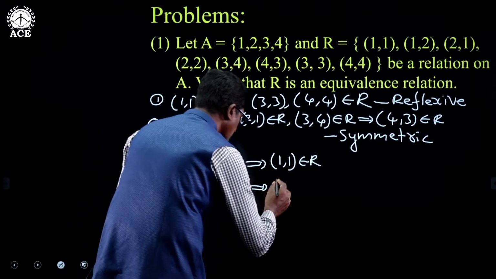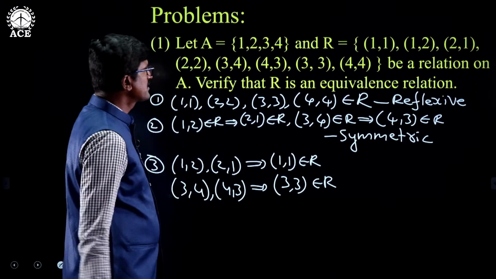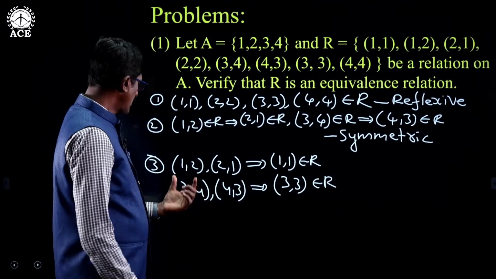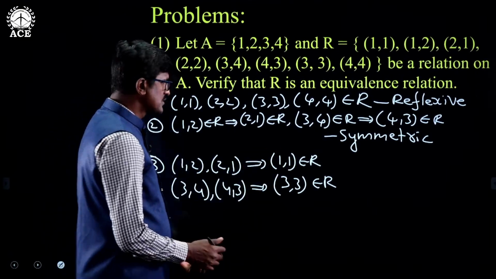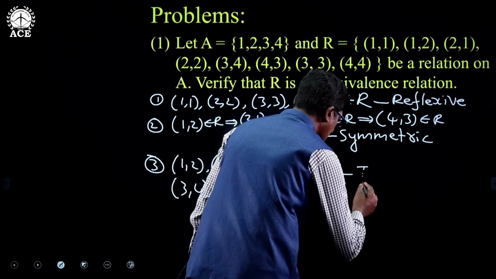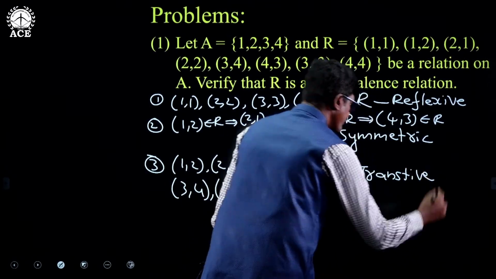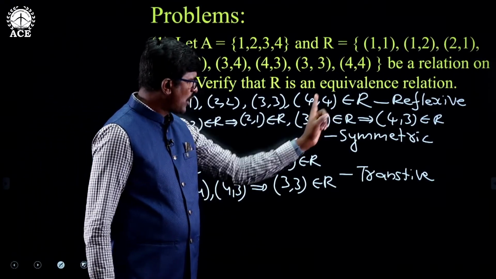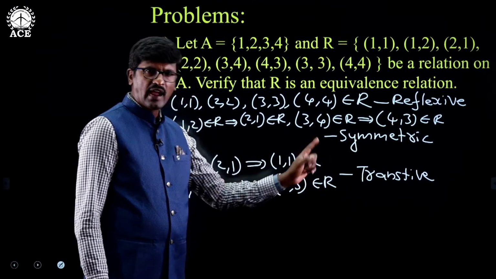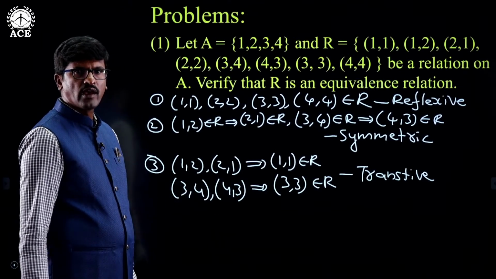This implies (3,3) also belongs to R. That means for every ordered pair (A,B) and (B,C), there is (A,C) also. Therefore, it is satisfying the transitive property also. So, the relation R is satisfying the reflexive, symmetric and transitive properties. Therefore, the given relation is an equivalence relation.